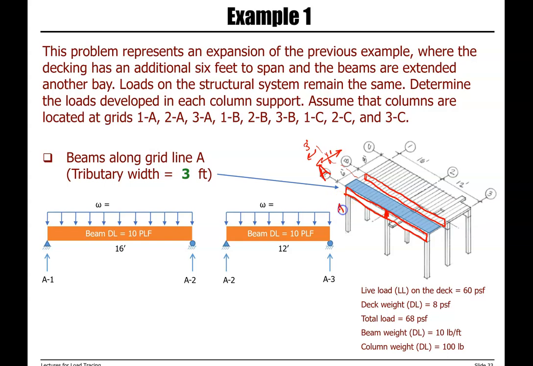So this is A1, A2, and A3. Here we have 16 feet, and here we have 12 feet. We said that load is equal to the area load that we have times tributary width.